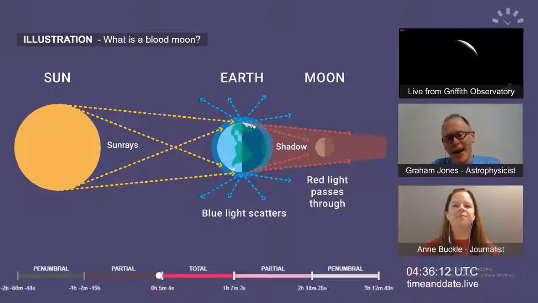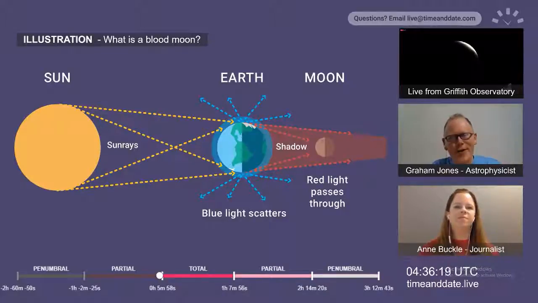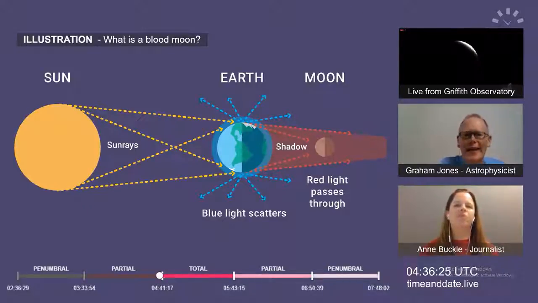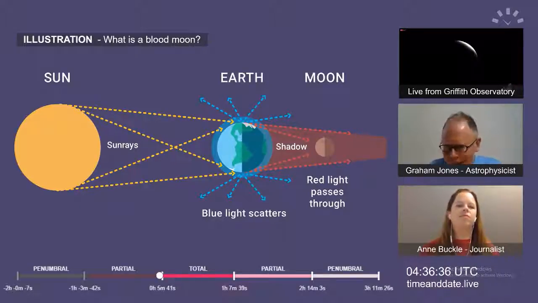If we think about what's happening on the surface of the moon, if we were standing on the moon at the moment, looking up into the sky, we would see the sun completely blocked by the Earth, and we wouldn't be able to see any direct sunlight reaching us on the surface of the moon.